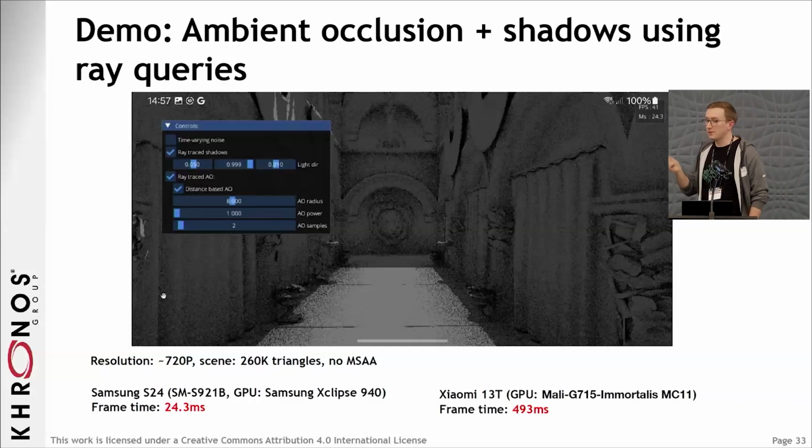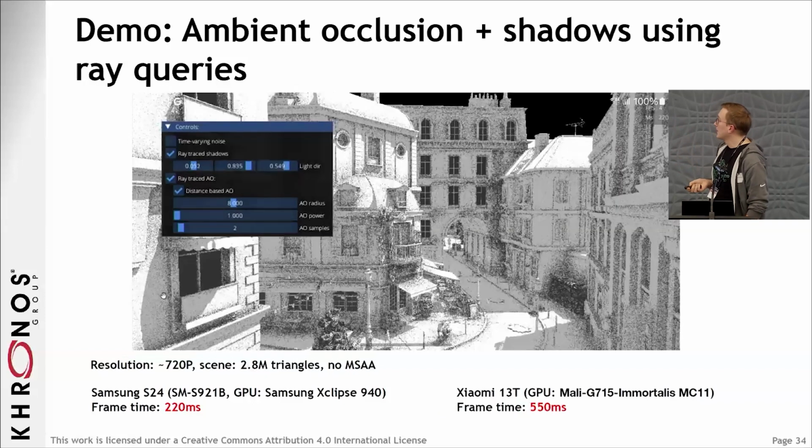So it's impressive for a mobile device, for ray query. For a more complex scene like Bistro, with 10 times more triangles, 2.8 million, we got 220 milliseconds. That's not real-time performance, but it's still quite impressive just for your mobile phone.